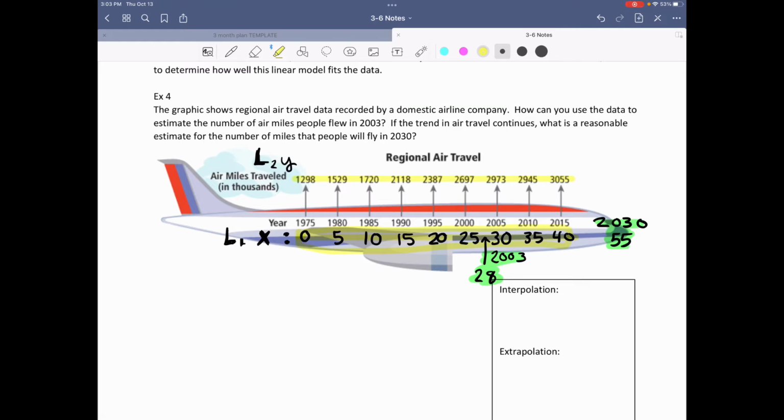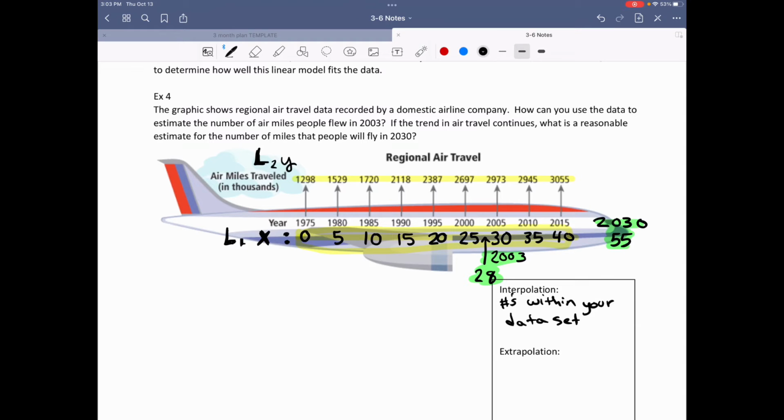One of the things that your homework is going to ask is what interpolation and extrapolation are. Interpolation is numbers within your data set.